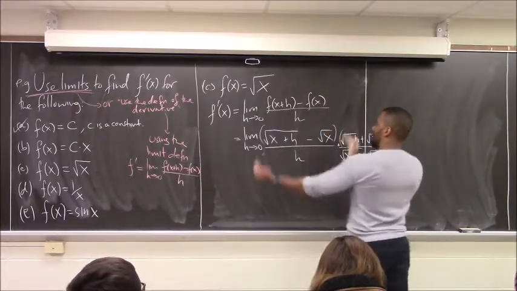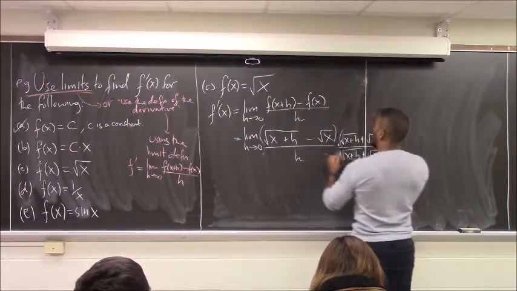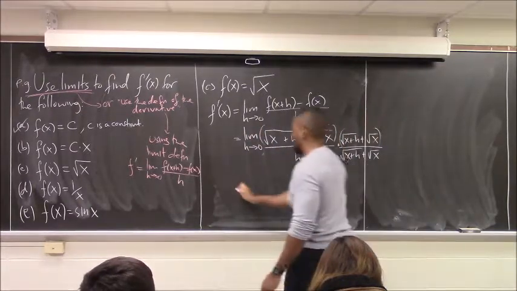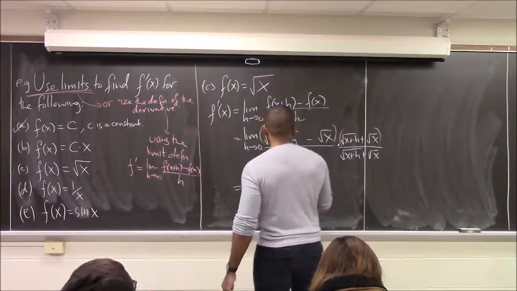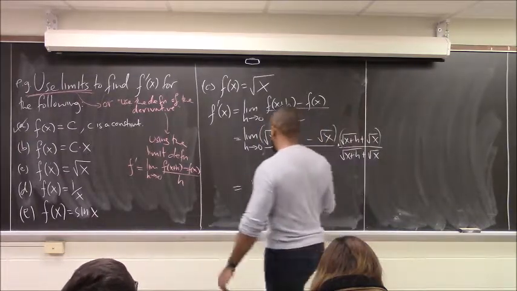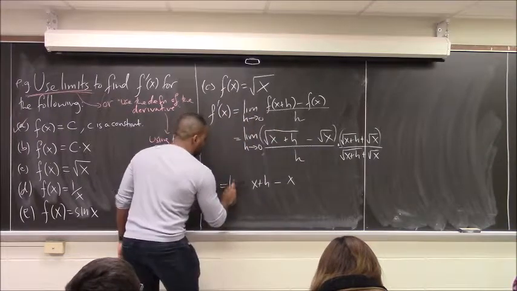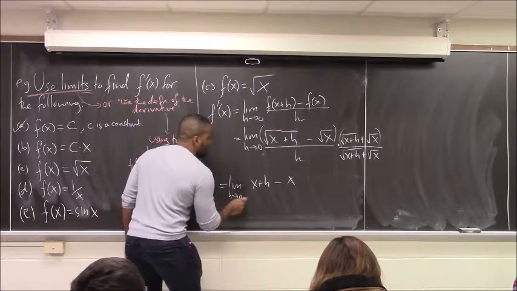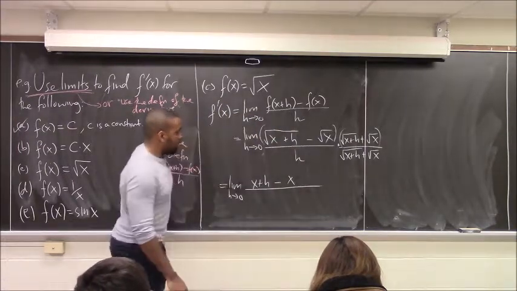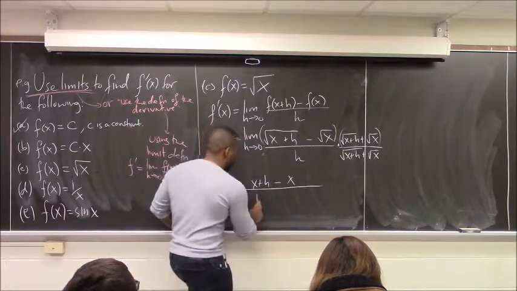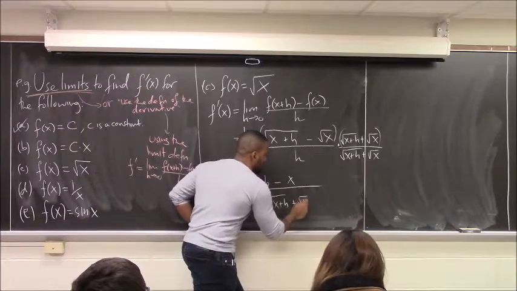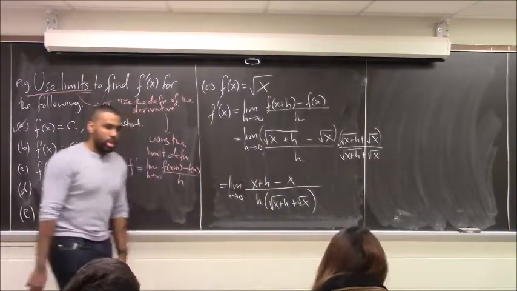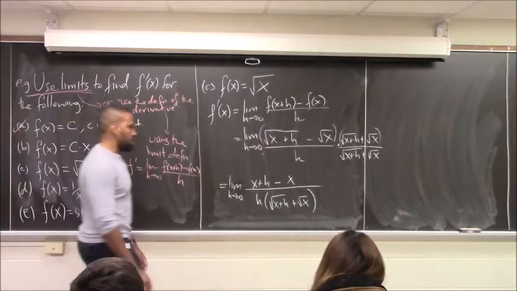It will just make it more convenient to look at. In the top, we realize this looks like a minus b times a plus b. Therefore, we get a squared minus b squared. And we still have the limit here. In the denominator, I just have h times that whole thing. Remember, we never expand the denominator, so I'm just going to leave it like that.